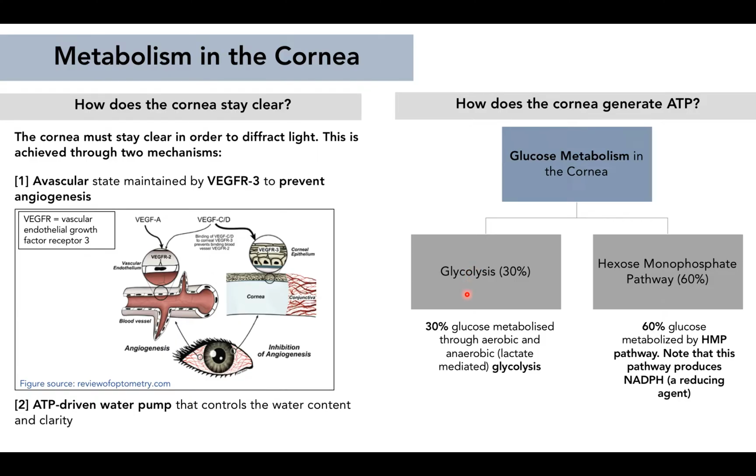Glycolysis composes 30% of the glucose metabolism in the cornea, while the HMP pathway makes up the majority, so 60% of corneal metabolism is performed through the glucose HMP pathway. If you recall, the HMP pathway produces NADPH, which will play a very important role later on.